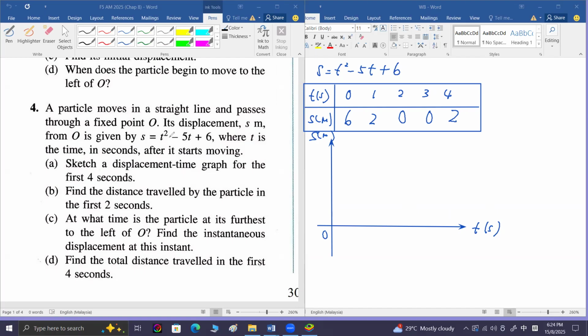Because this is quadratic. Quadratic, we know is a smiling face like this, right? Then when you have this value, you're advised to do what? Because you want to see the minimum part, the minimum value, you find this value, 2.5. Okay, 2.5 from a calculator. Right, key in again and see, calculation 2.5.